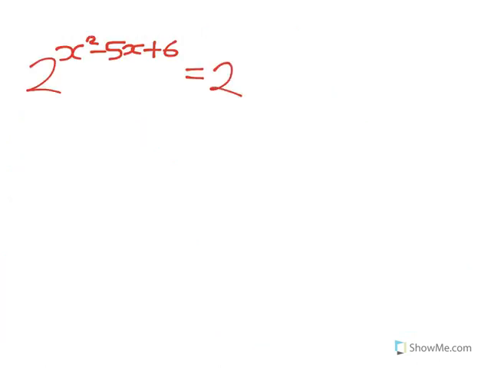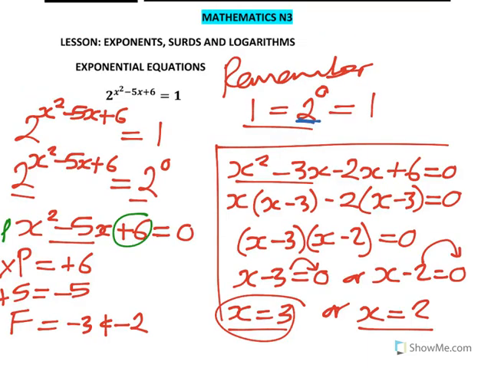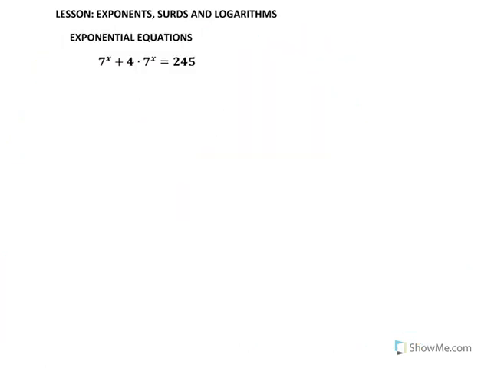The same as 2 to the power 3 squared minus 5 times 3 plus 6, which is equal to 2 to the power 9 minus 15 plus 6. Now, 9 minus 15 plus 6 is 0, the same as 2 to the power 0, which is equal to 1. You can do it again and test with the other value of x, which is 2, and you get the same answer to show that your answers are correct.